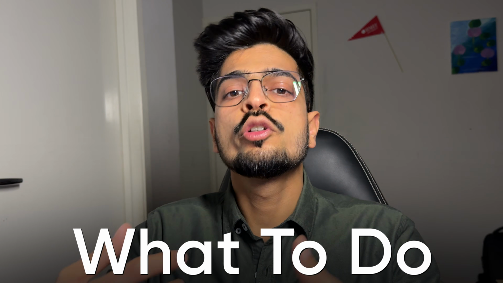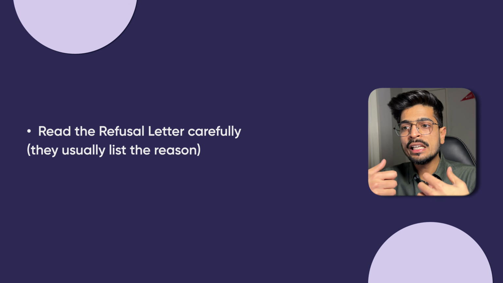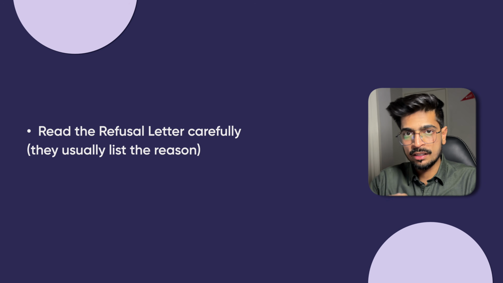Okay, so now here comes the bonus part. What to do if you have already been rejected. You should know the points to keep in mind, because you have been rejected, and now you need to think about what you can do going forward. First, read the refusal letter carefully, because they usually list the reason why you got rejected. So you have to know why it happened, right?